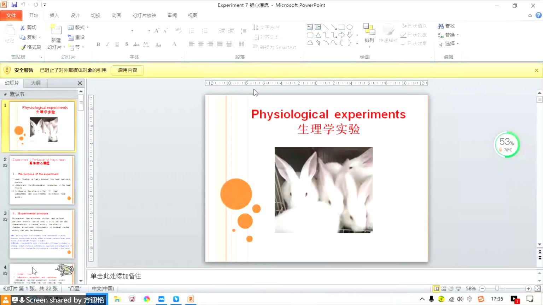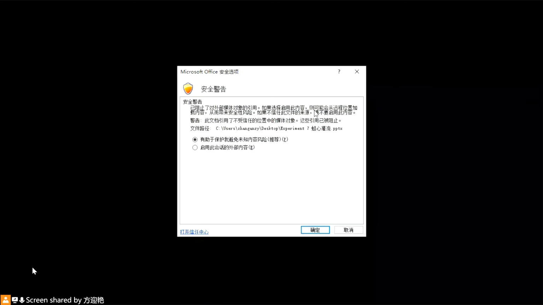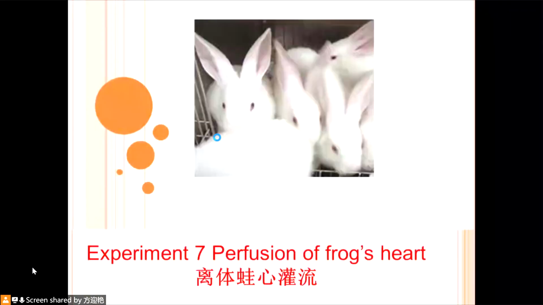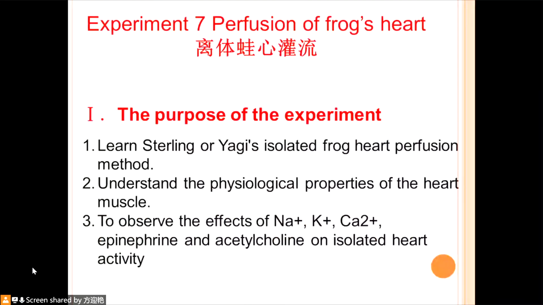This experiment uses isolated organ preparations, in sections 3 and 4. We just talked about the physiological properties of gastrointestinal smooth muscle, using the isolated preparation of the rabbit intestine with the total solution.